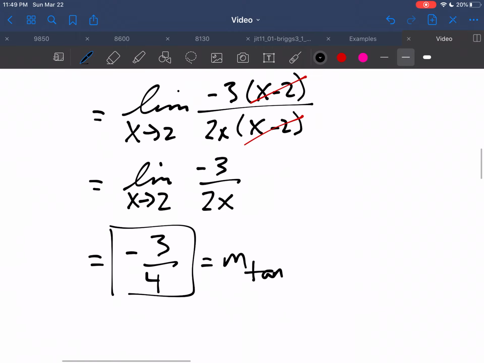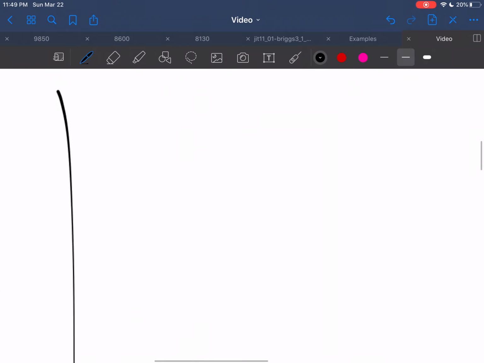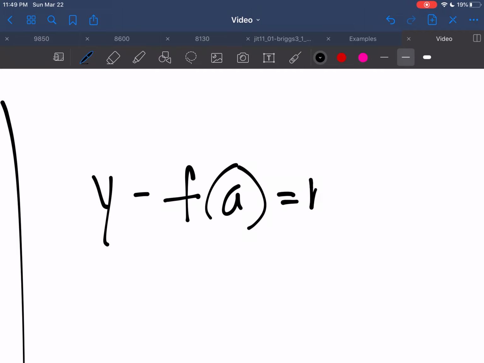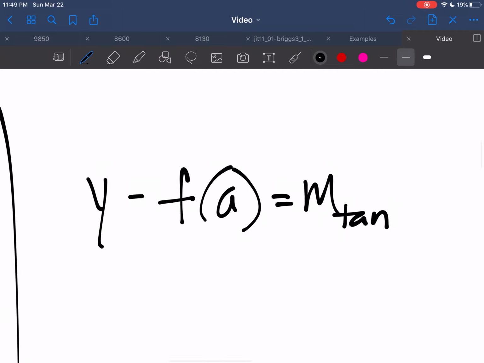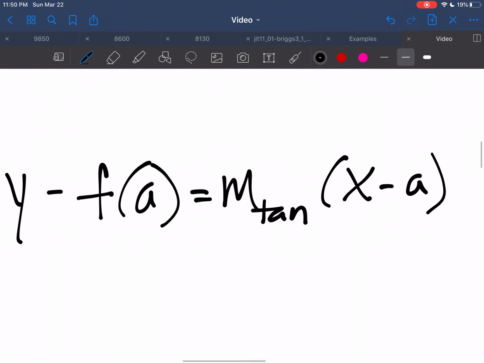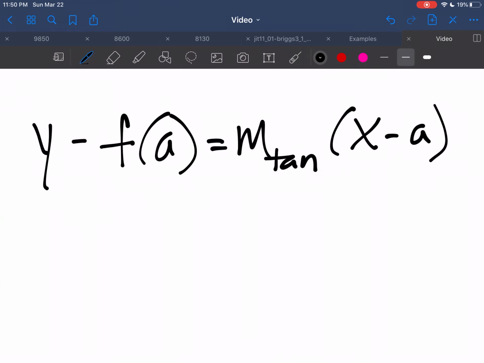So we can use this and find our equation for our tangent line. We know our equation for our tangent line is going to be of this form. And so we can plug in the pieces of information that we know.